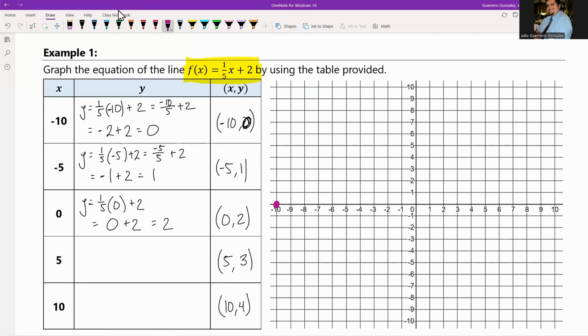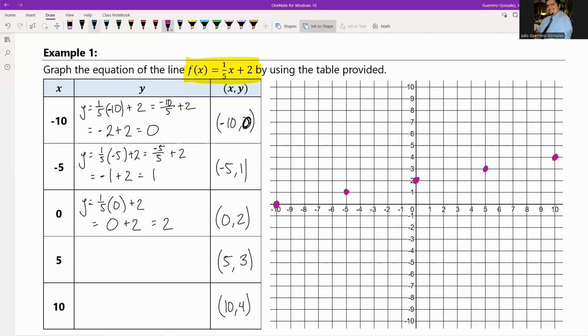The next point, negative 5 comma 1. Bam. The next one, 0 comma 2. The next one, 5 comma 3. Hopefully you see what's going on. 10 comma 4 is the last one I'm going to put down.